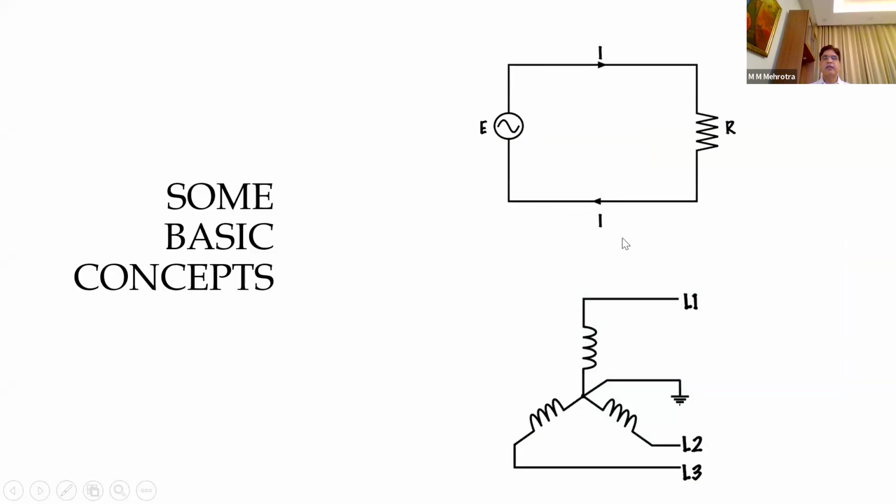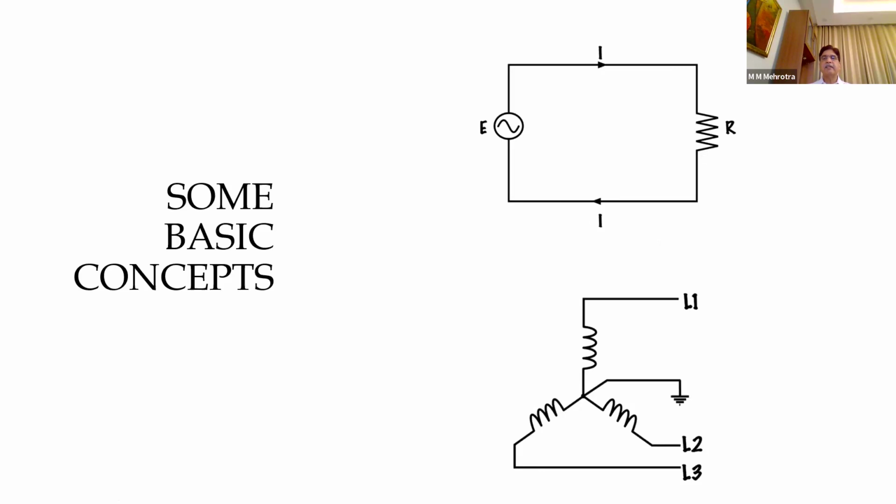From this figure we can find out that whatever current is going into this load is also coming back from the load, and the circuit is being completed at the source. That means the top and bottom conductors will have identical current, so they should be of identical size.